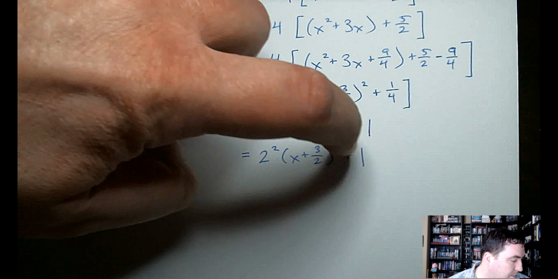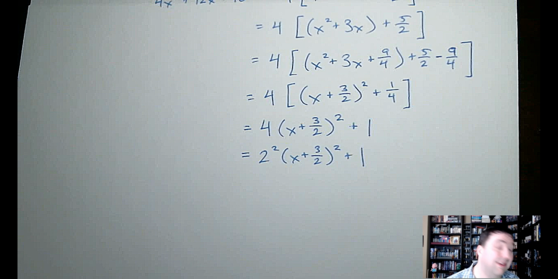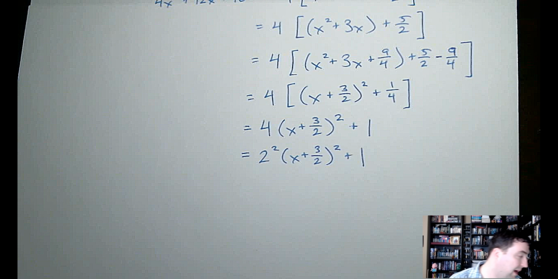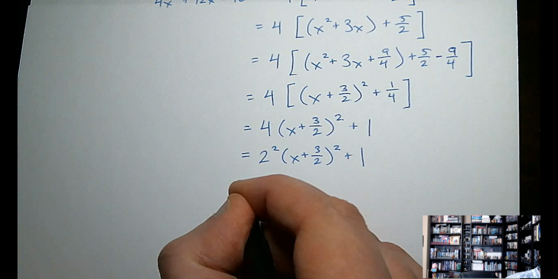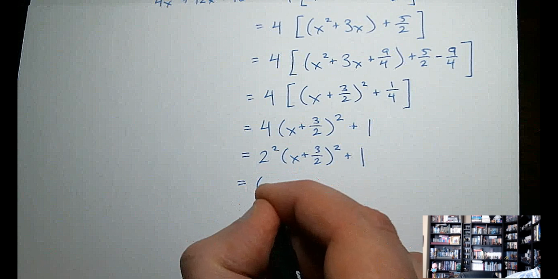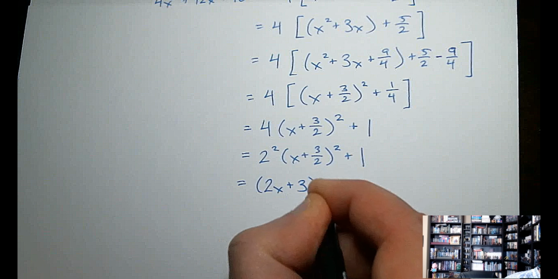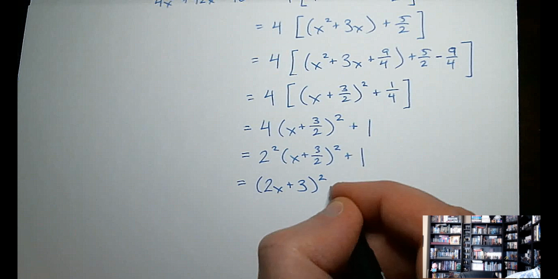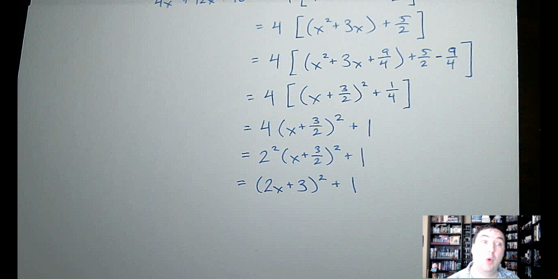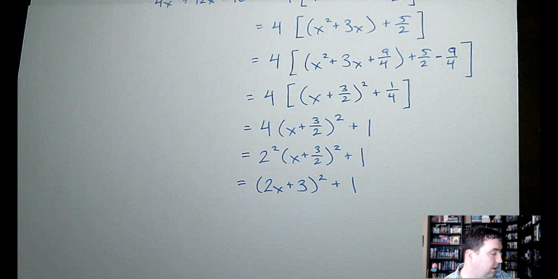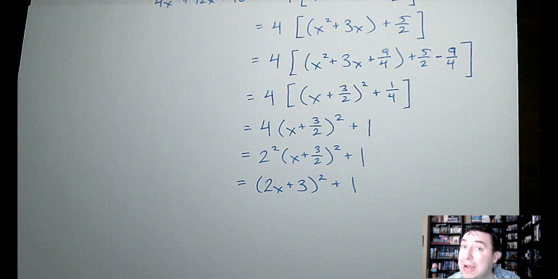And because now these are both being raised to the same power, now we're allowed to multiply those bases together. So 2 times x plus 3 over 2 is 2x plus 3. So we'll have 2x plus 3 all squared plus 1. And now that's the simplest form to put back into our integral.